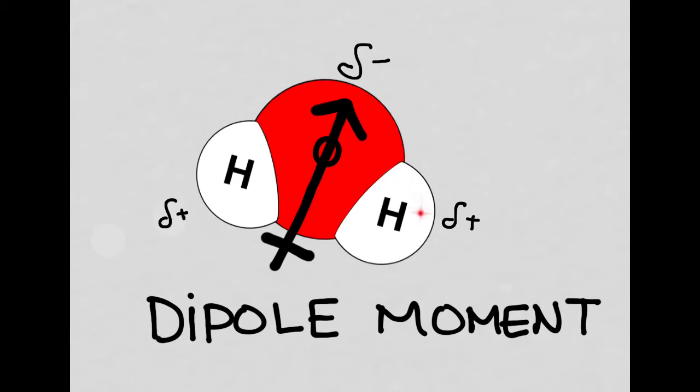In the case of water, H2O, we have two oxygen-hydrogen bonds. The hydrogens are less electronegative than the oxygen, so the electrons converge and hang out around the oxygen, giving it a slightly negative end and a slightly positive other end.